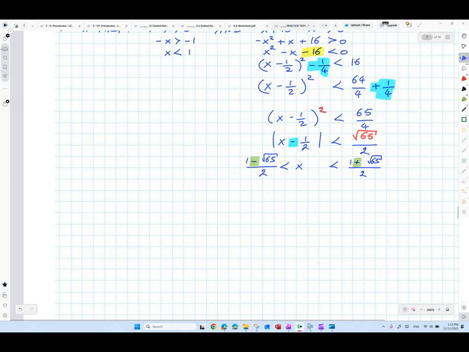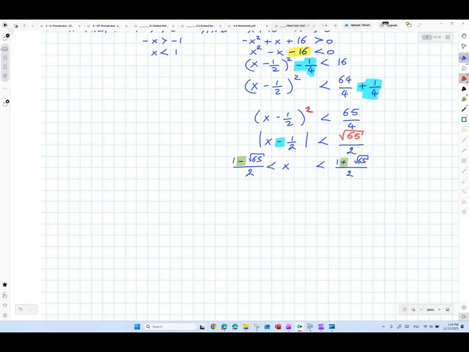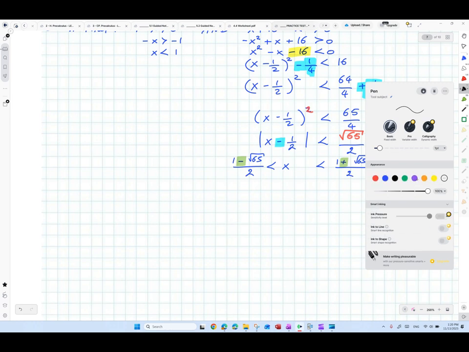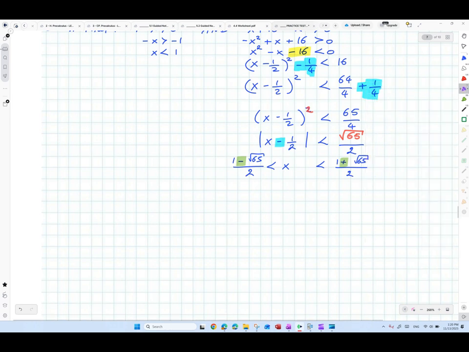All right. Now you can estimate the value. Square root of 65 is roughly 8, plus 1 is 9. So this is roughly 4.5.